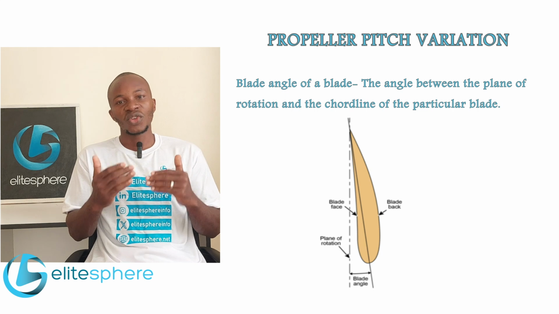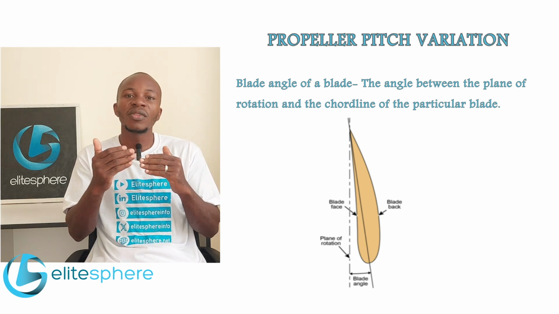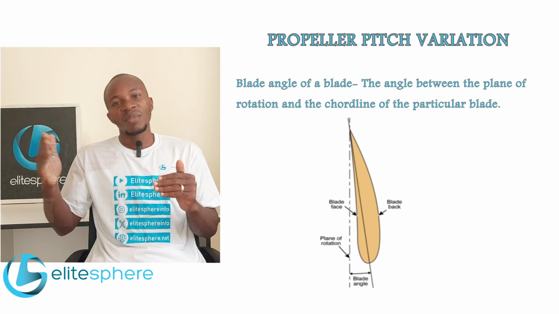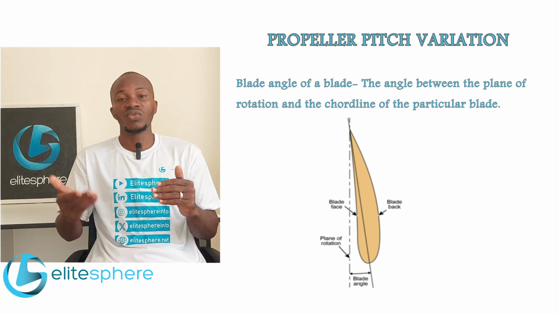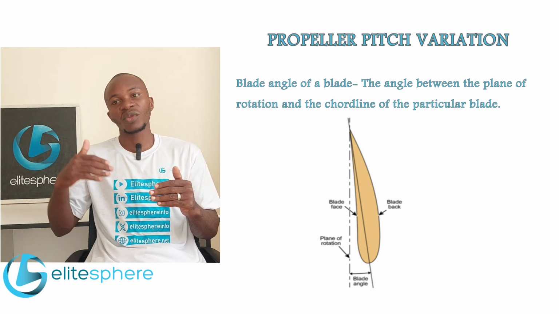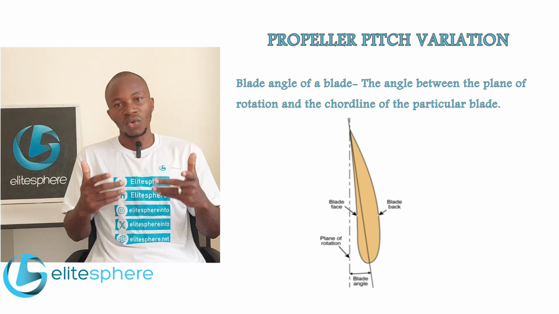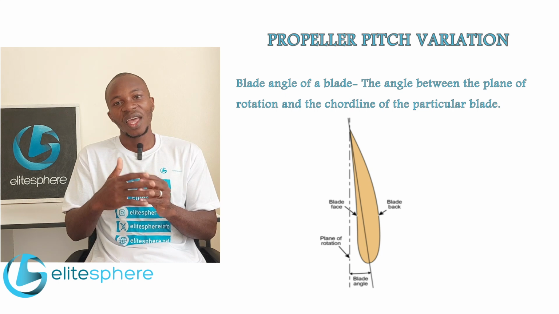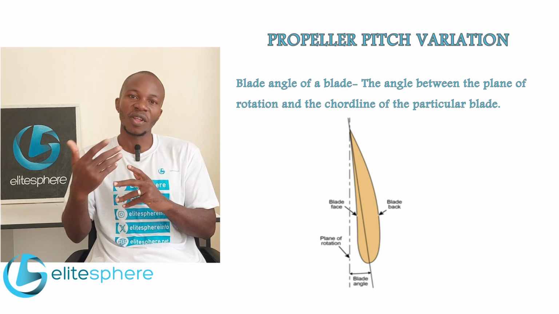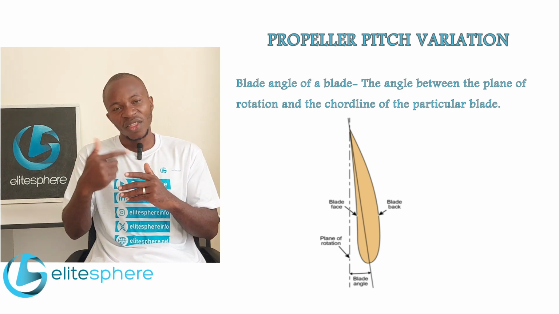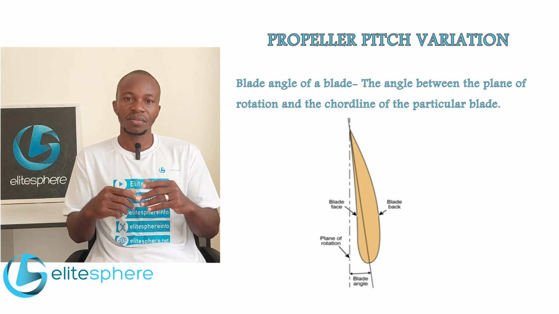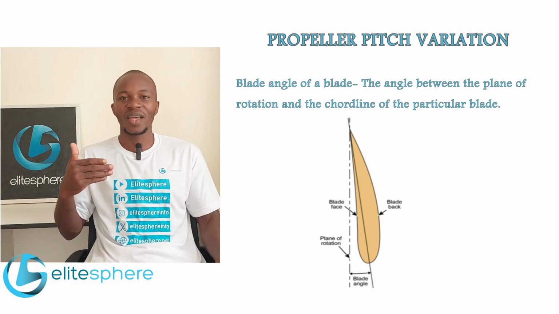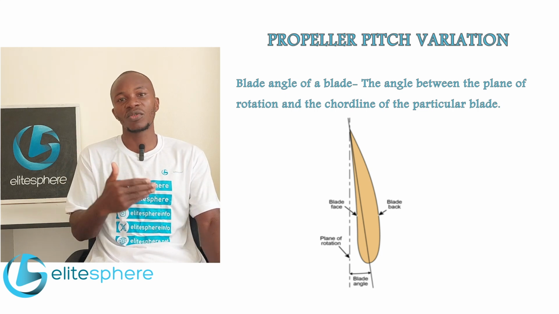But in this condition, the aircraft speed is lower compared to other blade angles which are suitable for other phases of flight. In cruise, the blade angle is slightly increased, and this increases the load on the engine, and as a result, the engine RPM is slightly reduced, but this configuration gives a higher speed compared to the configuration used for takeoff.